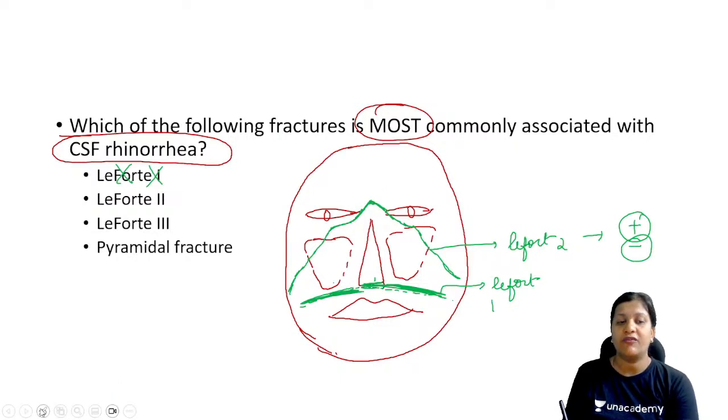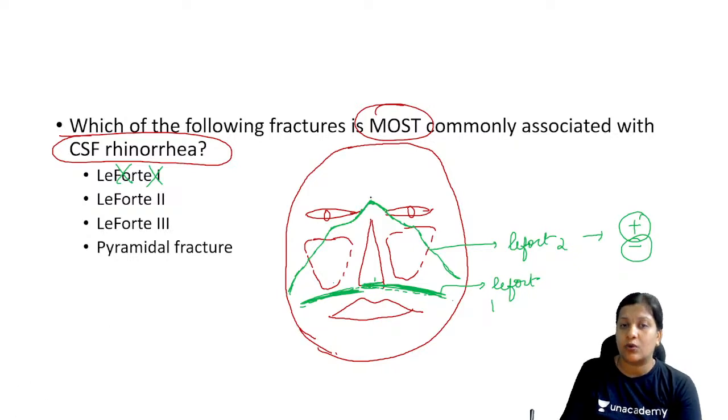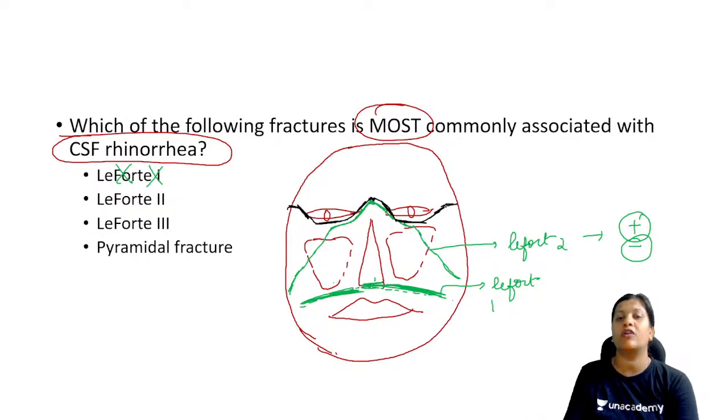But what is Le Fort 3? Le Fort 3 goes through the nasion, medial wall, floor, lateral wall and zygoma. So nasion, medial wall of the orbit, floor of the orbit, lateral wall of the orbit, zygoma. This is called craniofacial disjunction.